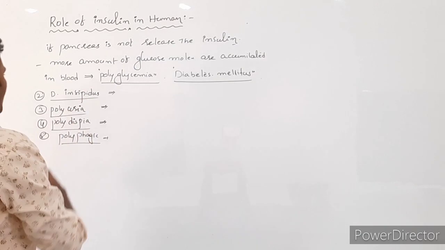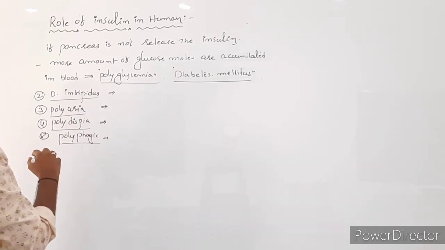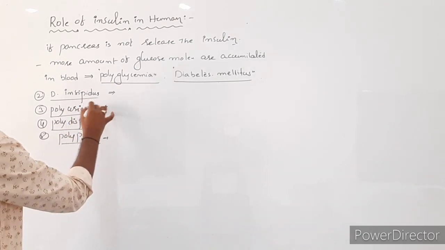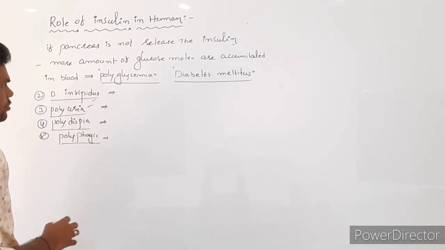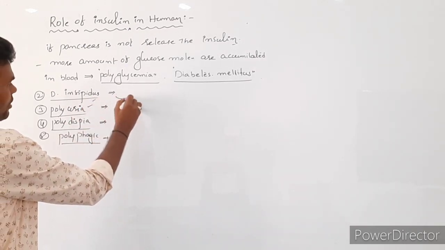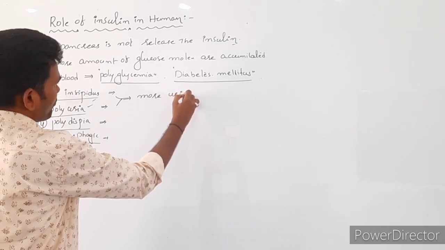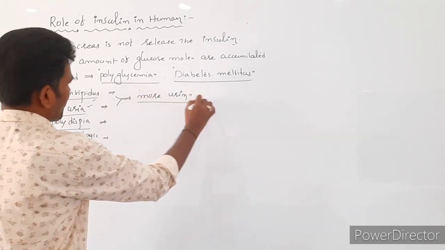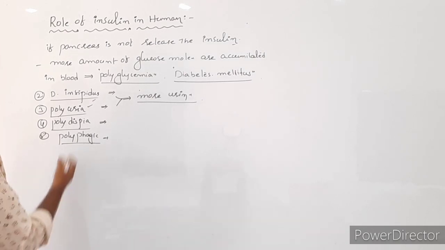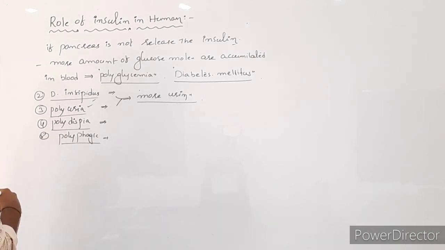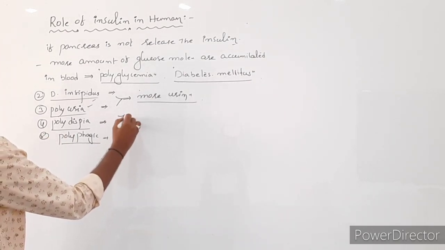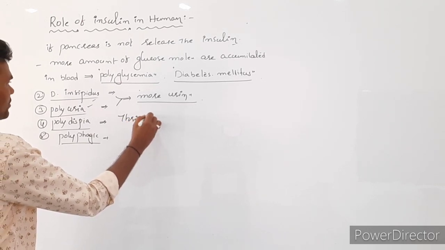Next, polyuria, nothing but insipidus, both are the same. In this case, more frequent urine is formed. Next, polydipsia. In this case, the person is very thirsty.